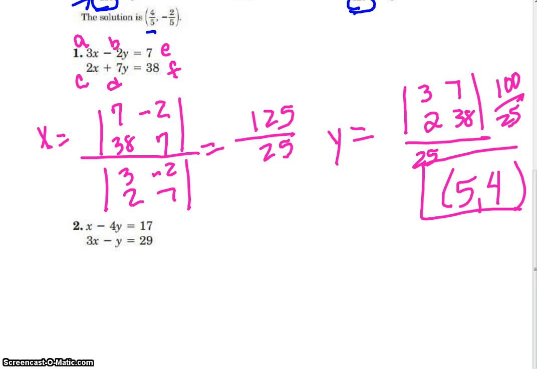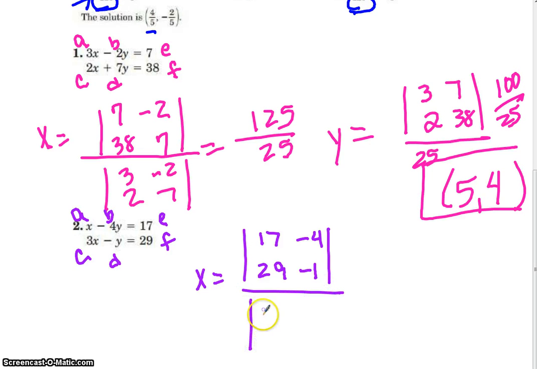So looking at number 2, you want to start off by labeling A, B, C, D, E, F. For x, on the top, remember it is E, B, F, D. So it is 17, negative 4, 29, and that would be a negative 1.